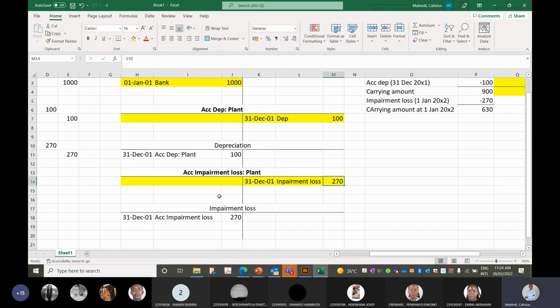So how do we make this accumulated impairment loss account zero? How do you make it 0? What do you have to do to a credit balance to make it 0? What would you have to do?